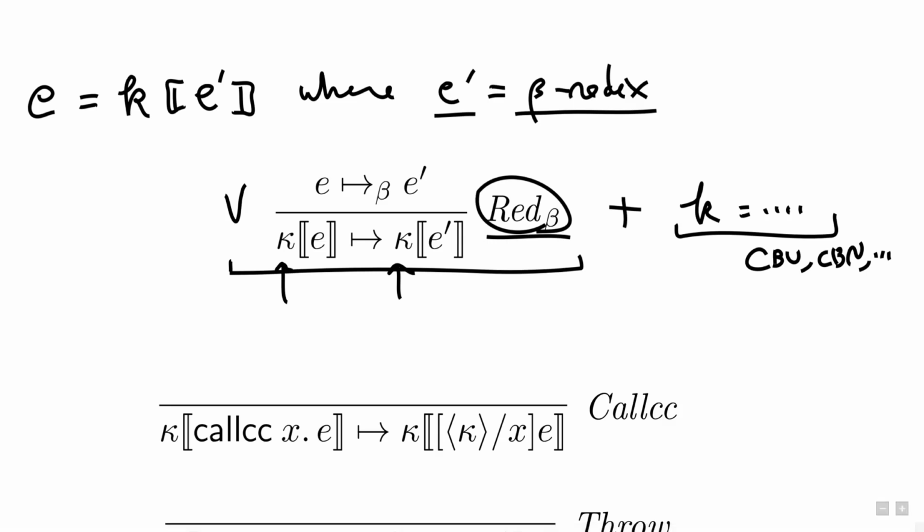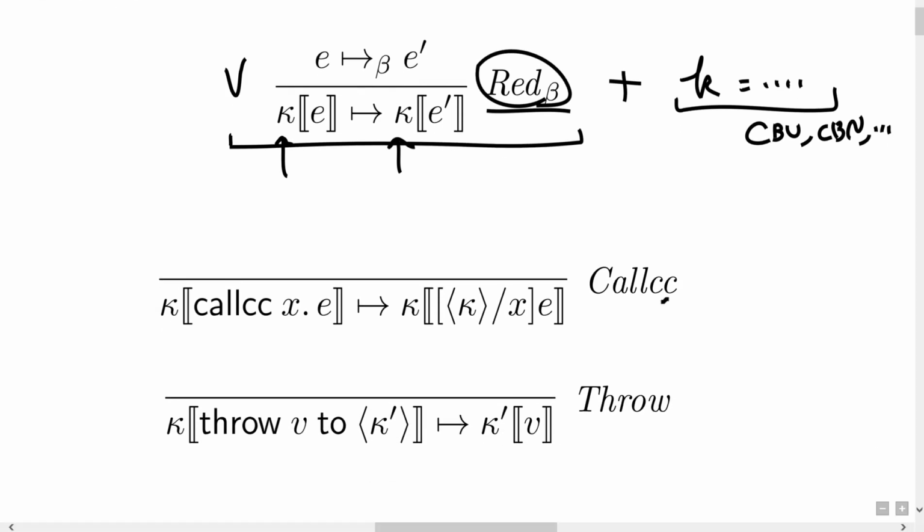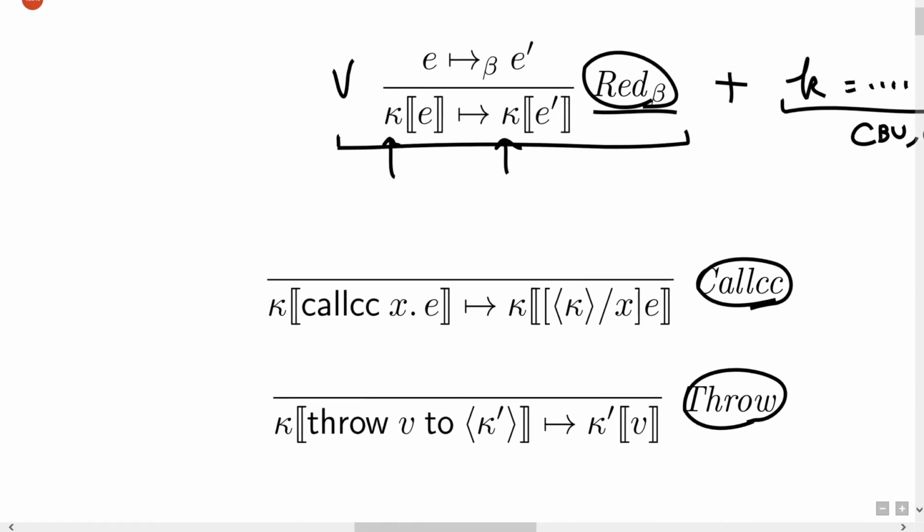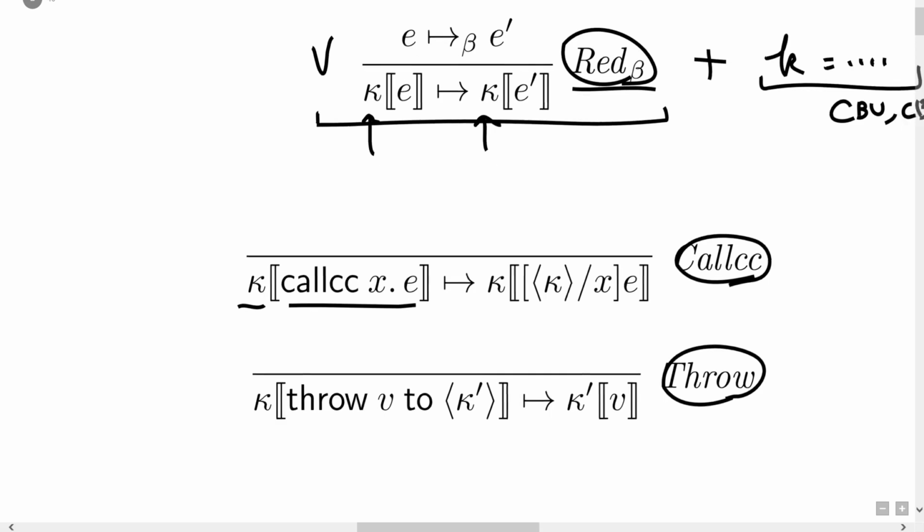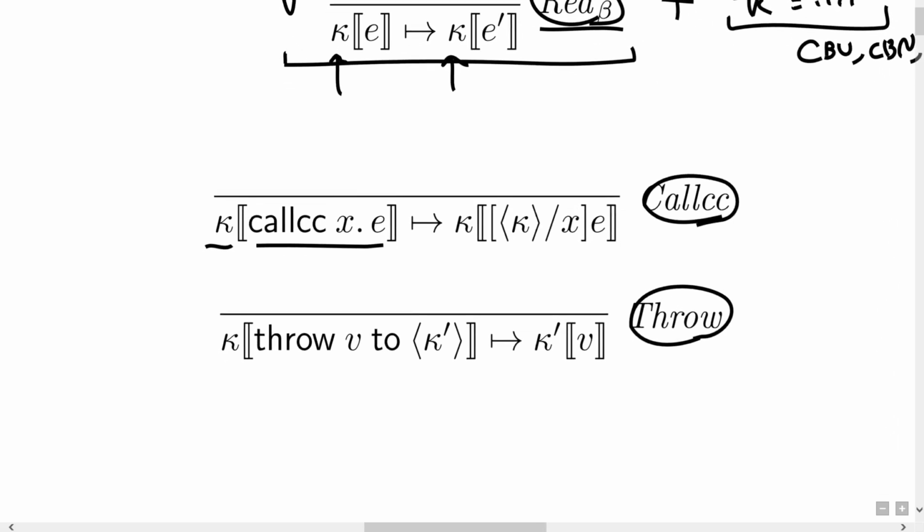Now let's see how we can compute call CC and throw. In the case of call CC, the current evaluation context is kappa, and this is beta reduced. Now we have just encountered the call CC. What happens is we take the current evaluation context kappa and then use this current evaluation context kappa for this variable x.